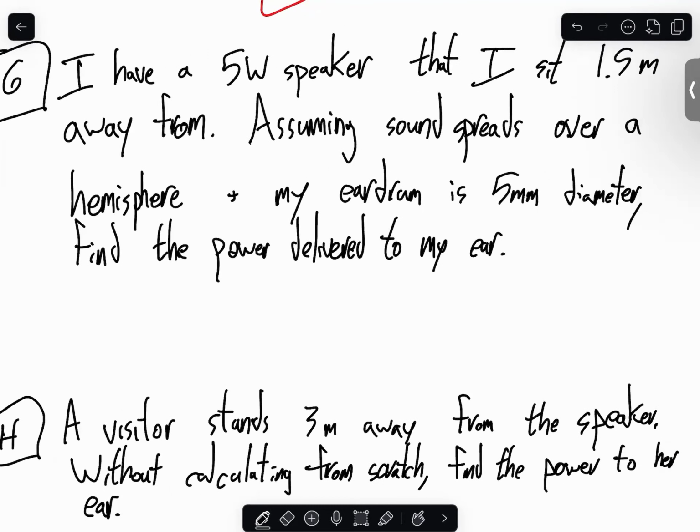Don't do the calculation from scratch. They stand twice as far away. What intensity do they get, how many watts enter their ear?